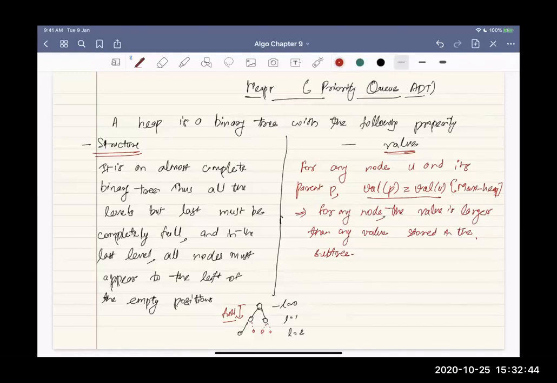So this node will have the highest value among these, and similarly for this subtree, this node will have the highest, and so on. You can see that for any subtree, the root will have the highest value. And similarly for a min heap.